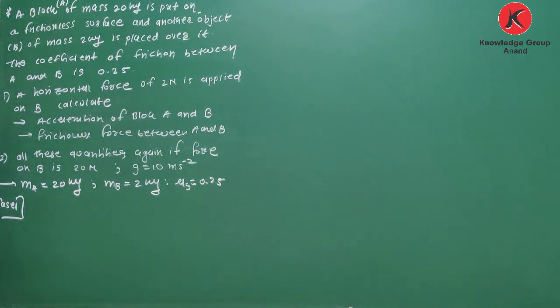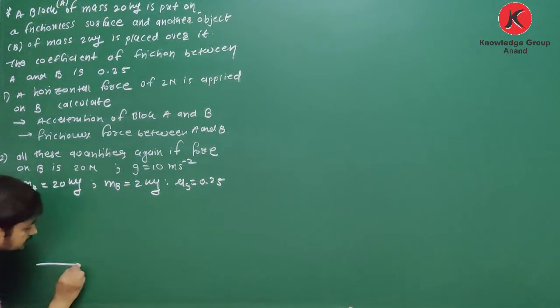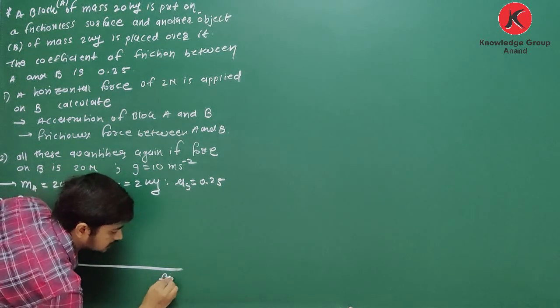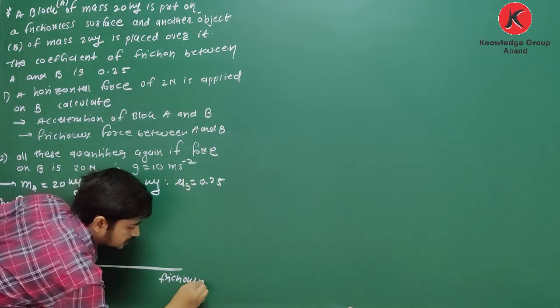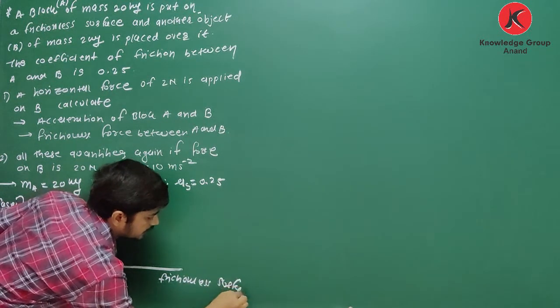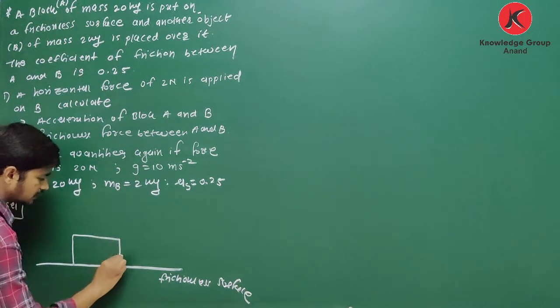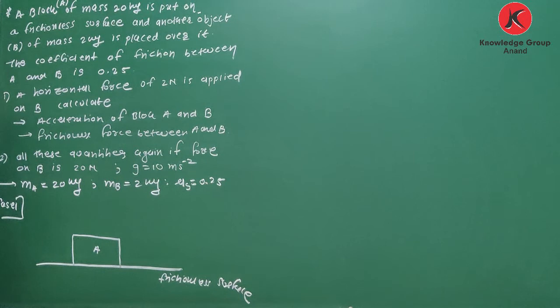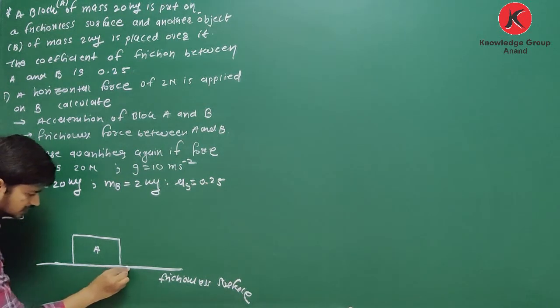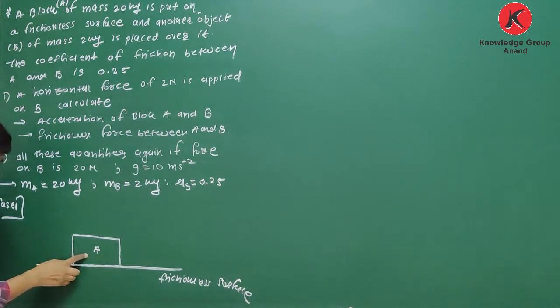A block A of mass 20 kg is put on a frictionless surface. Block A having mass 20 kg is placed on this surface, so when A is moving relative to this surface, there is no friction force between them.